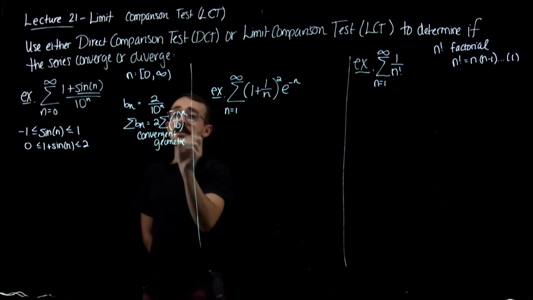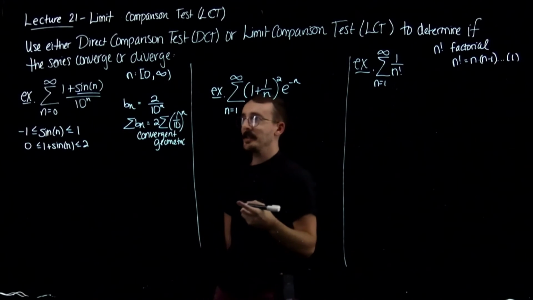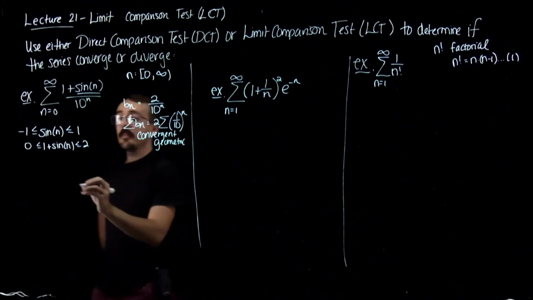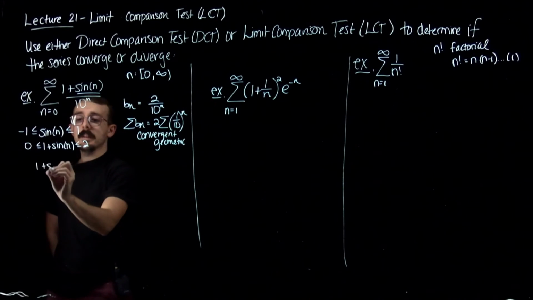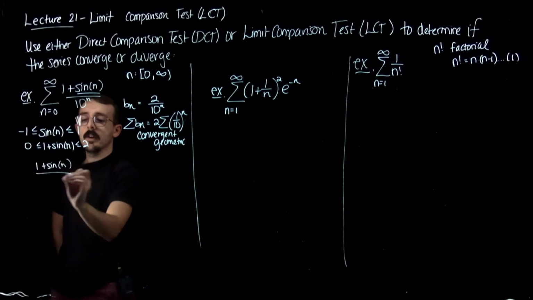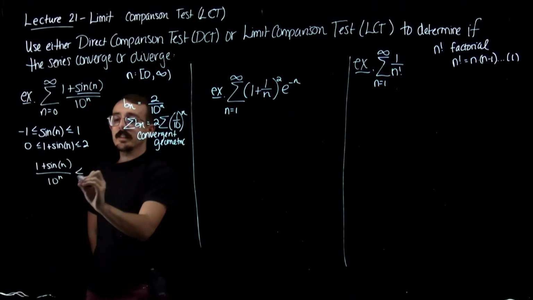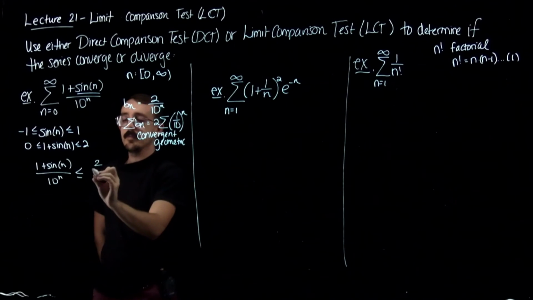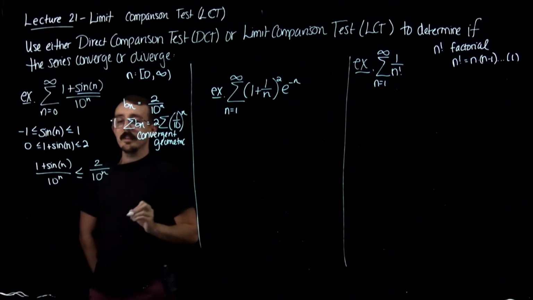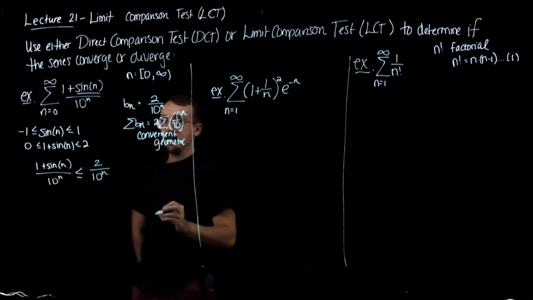I've just multiplied it by 2, but it's still a convergent geometric. And now watch this. We have (1 plus sine of n) over 10 to the n, that's less than or equal to 2 over 10 to the n, right?